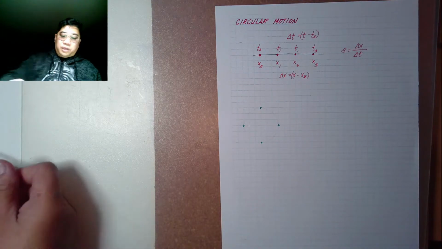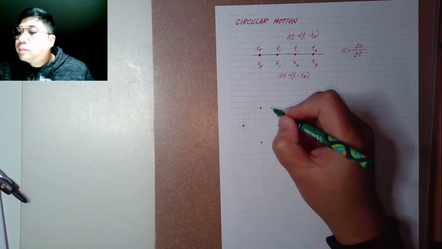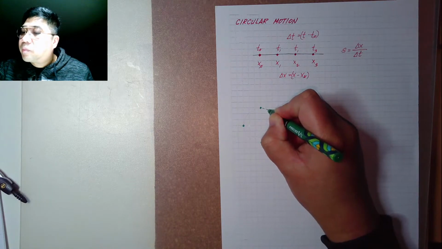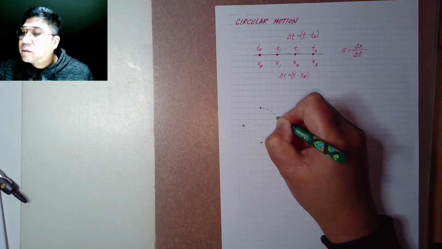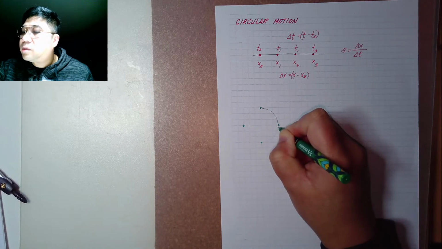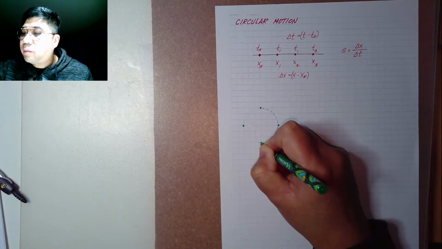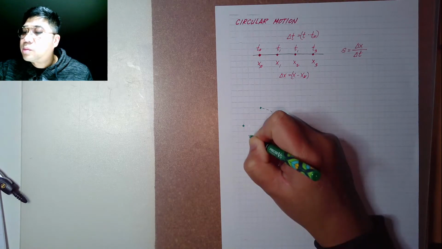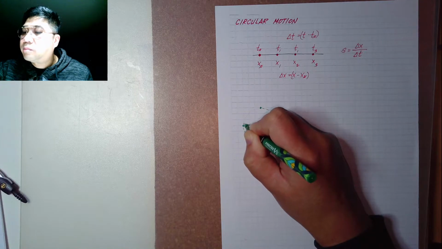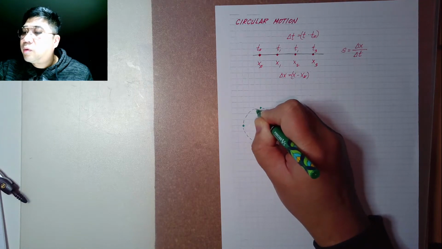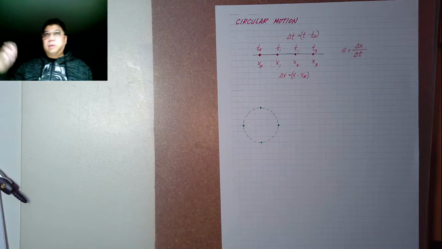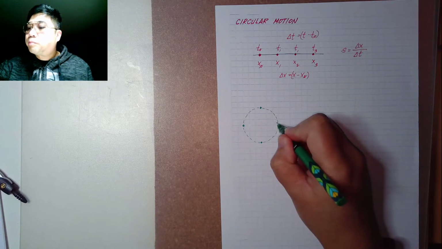So now I've noticed that I did travel and follow the path, because something's preventing the object from moving in a straight line. It forms what we call a circular pattern, like what we've been learning today.